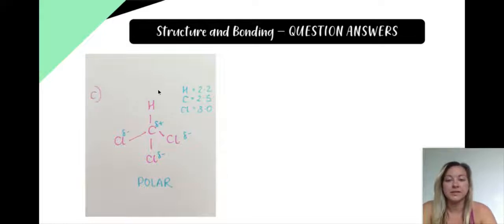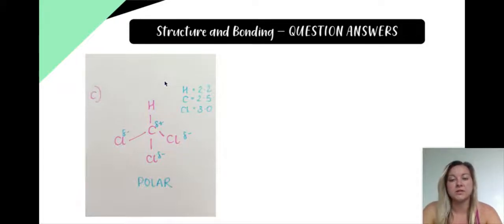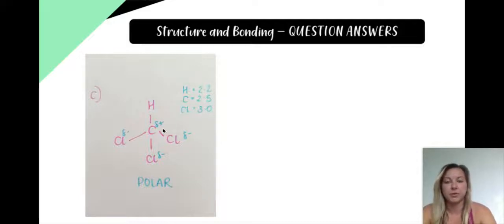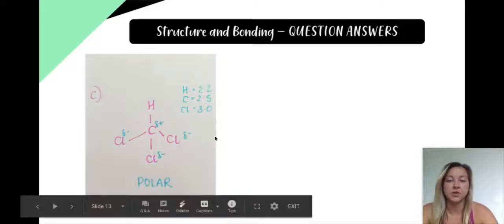That means that it doesn't have any dipoles. We just leave the hydrogen as it is because it doesn't have enough of an electronegativity difference. So if we leave the hydrogen as it is and just ignore it, we end up with our delta positive on our carbon, just as we did before, and delta negatives on the chlorine because it's more electronegative.